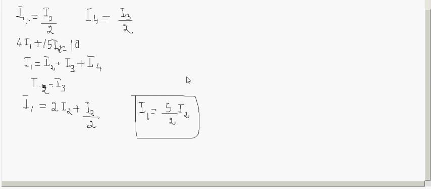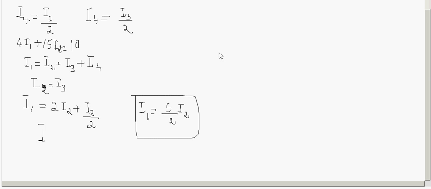We need to solve all these equations, and finally we will get these values. Now you can substitute I1 as 5 by 2 I2 in this equation.